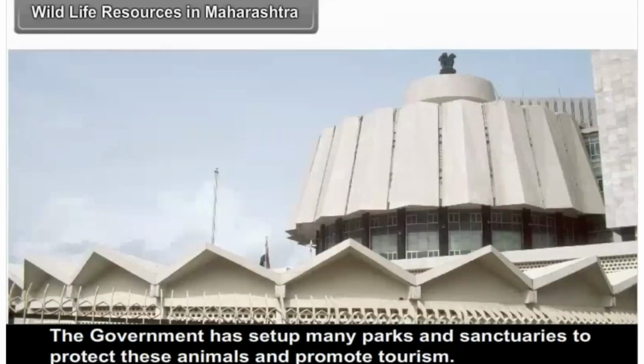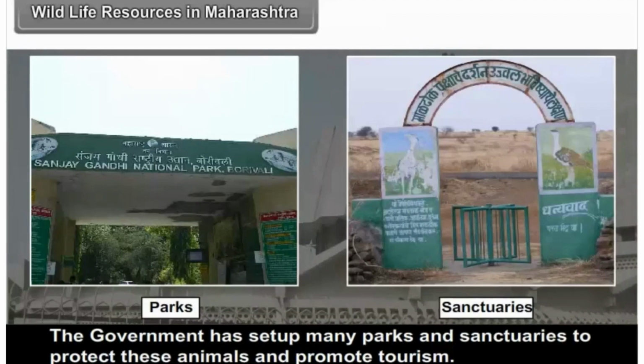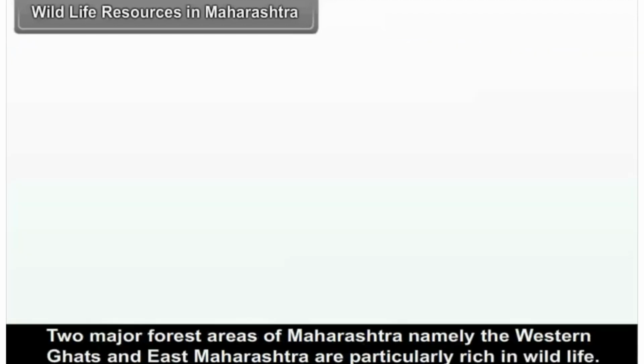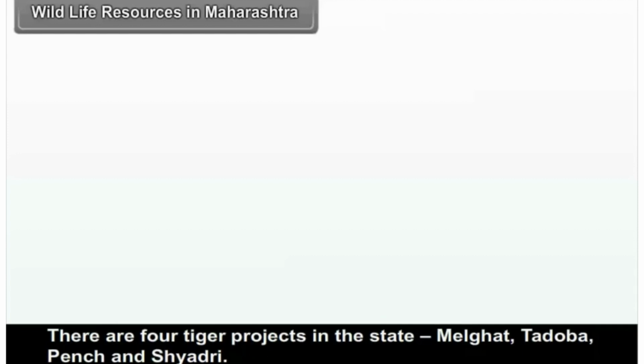The government has set up many parks and sanctuaries to protect these animals and promote tourism. Two major forest areas of Maharashtra, namely the Western Ghats and East Maharashtra, are particularly rich in wildlife. There are 4 tiger projects in the state: Melghat, Tadoba, Pench and Sahyadri.